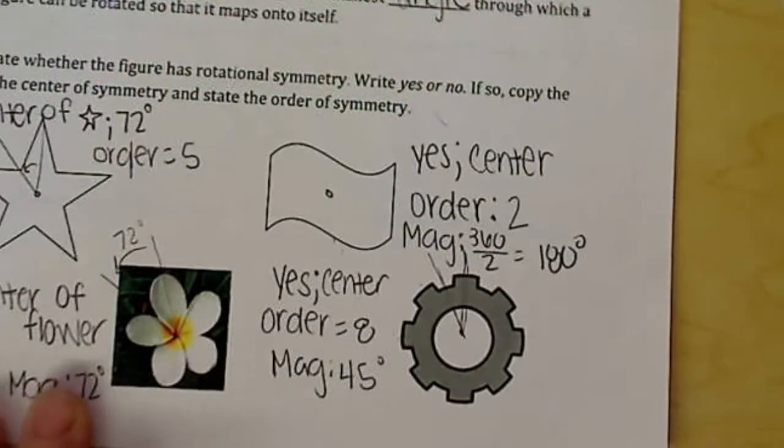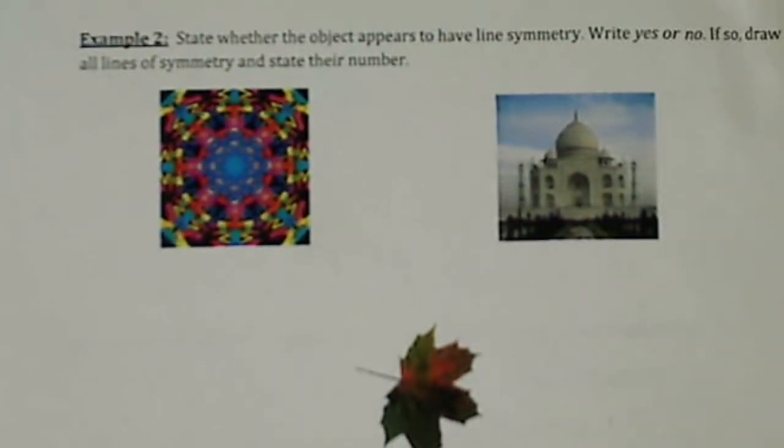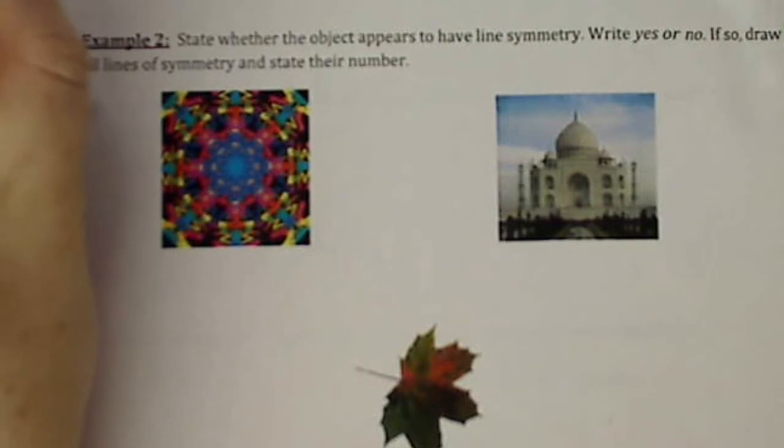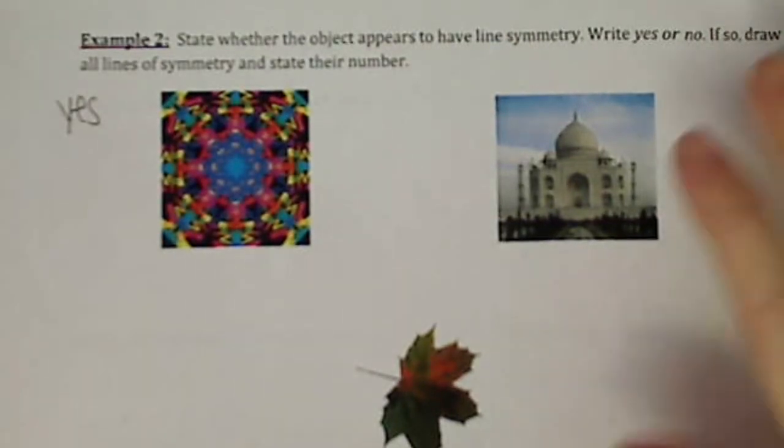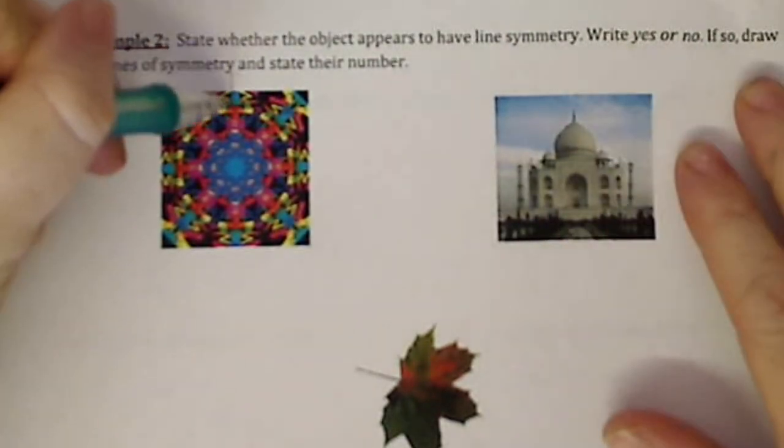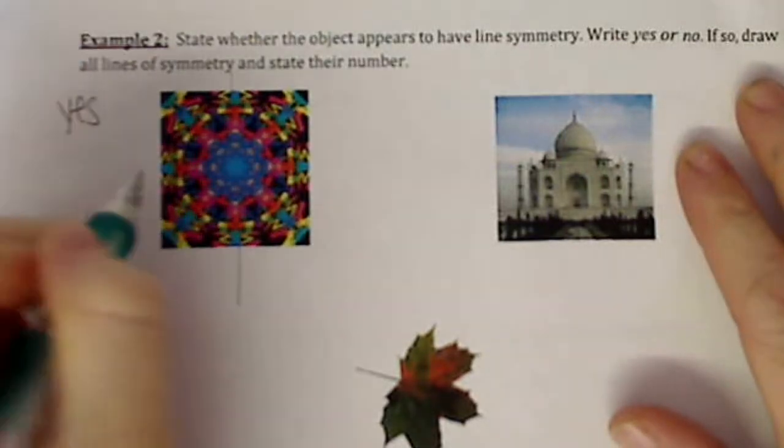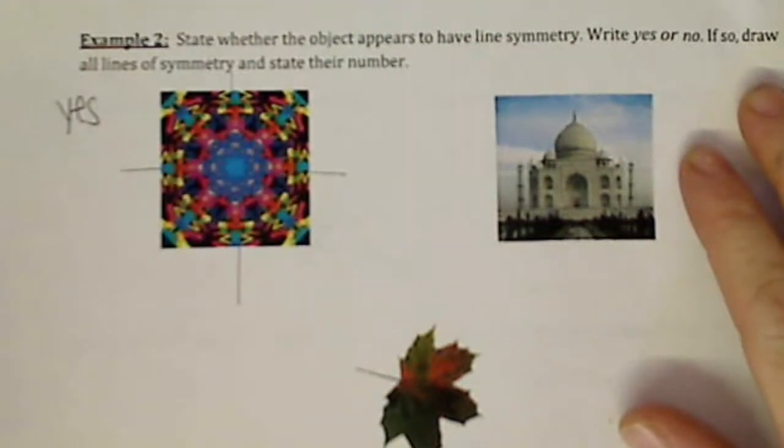Okay, turn it over. Let's look at some real life examples here. Does this first kaleidoscope image have line symmetry? Yes, it has line symmetry. Now let's find all the lines. Most popular is straight up and down, and horizontal left to right.